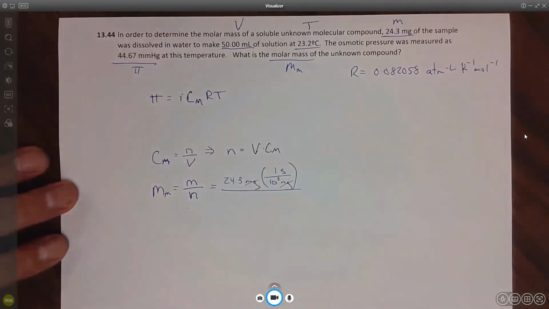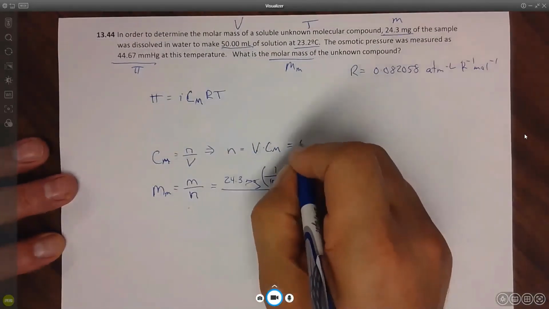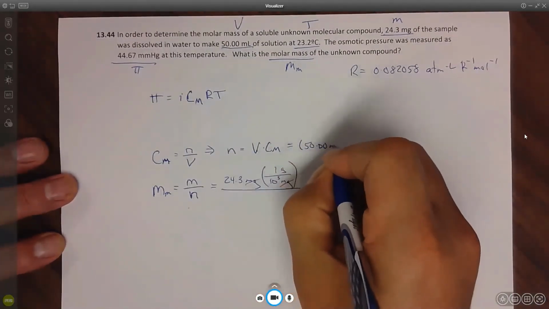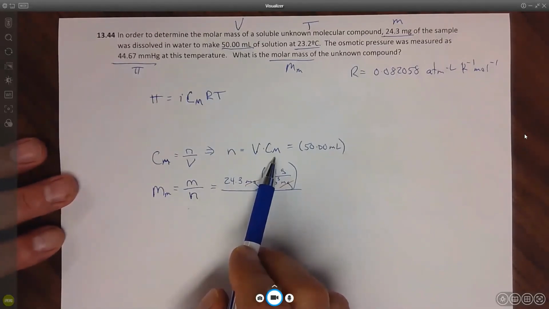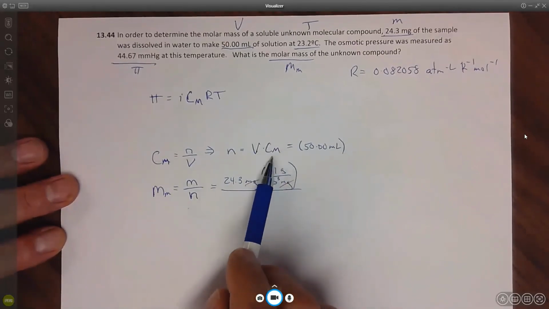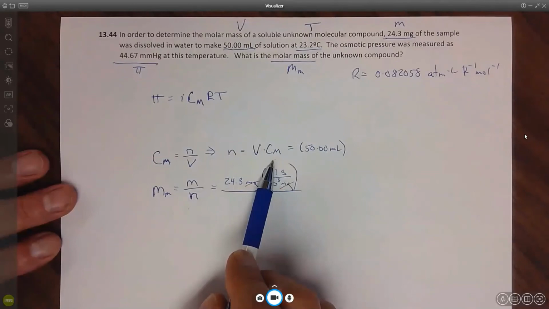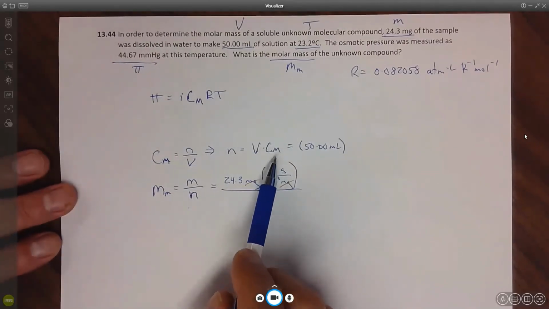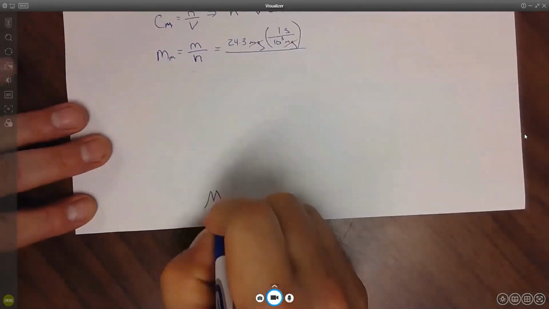Okay. So the volume was given to us as 50 milliliters. But I know that molarity has units of what? So this is the variable for molarity. What are the units for molarity? CM. Say again? Well, see, this is the variable. I agree with you. This, just M by itself, is a unit for molarity.